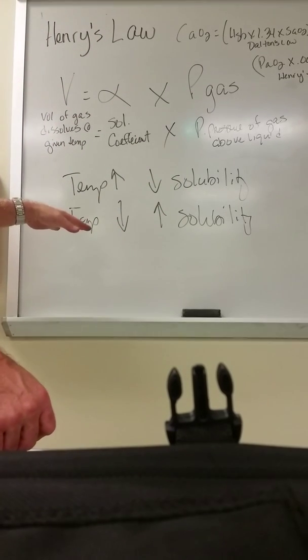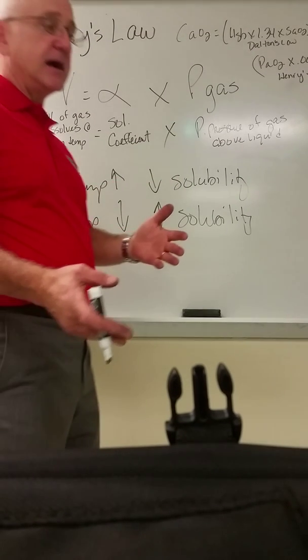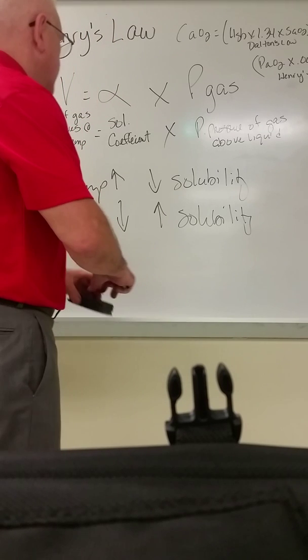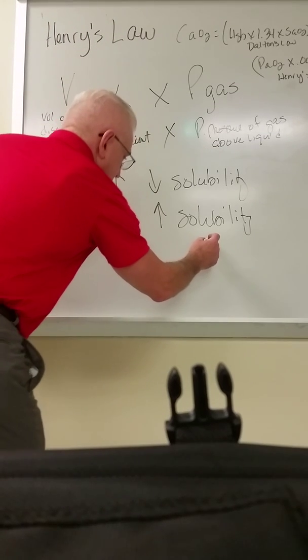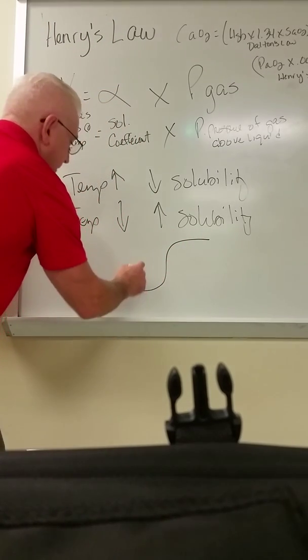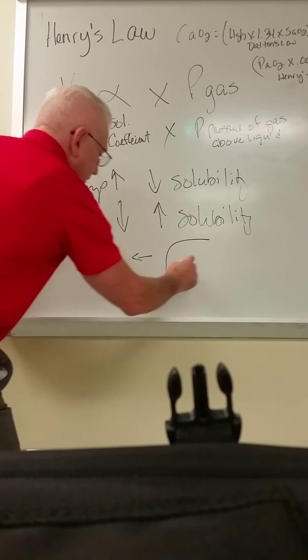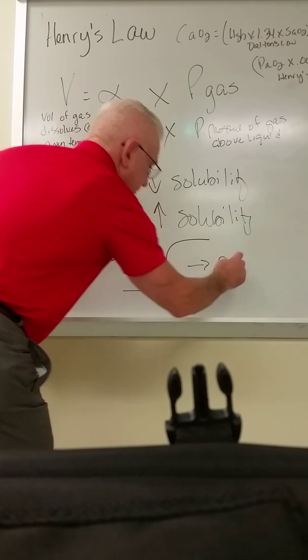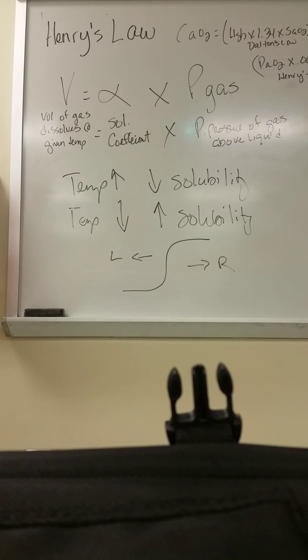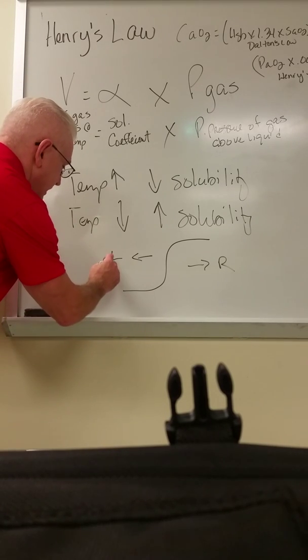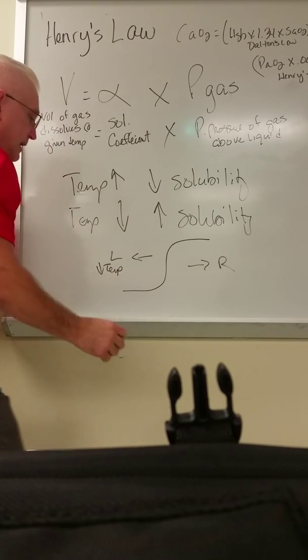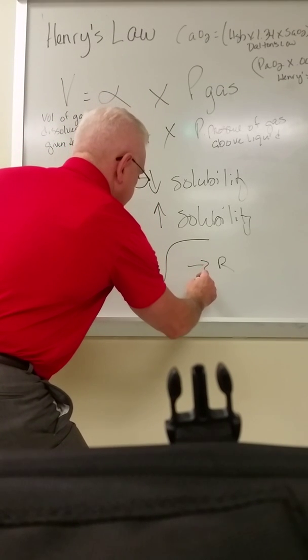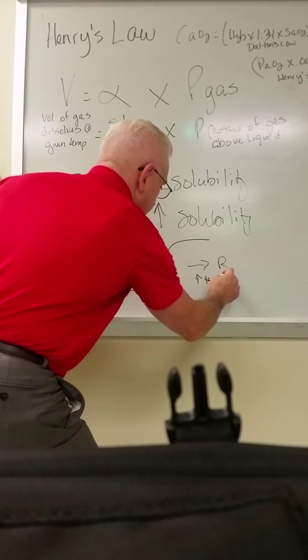Well, let's look at it, because if we looked at the oxyhemoglobin dissociation curve, and we talked about a shift left or a shift right, a shift left is going to be a decreased temp, and a shift right is going to be an increase in temp.